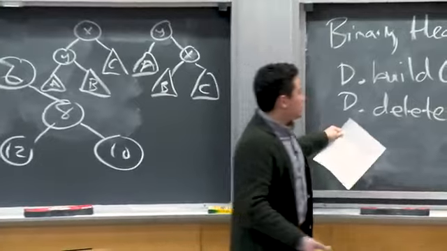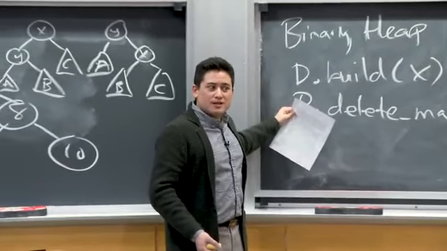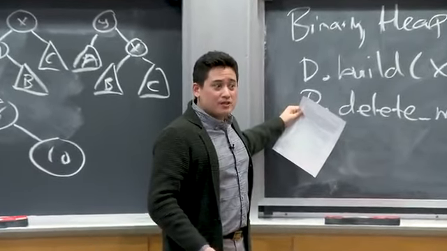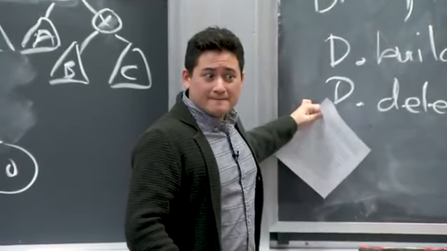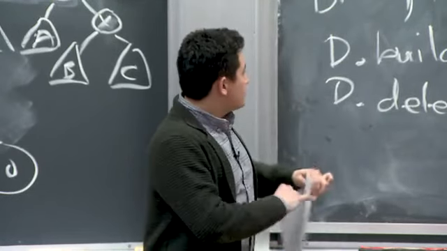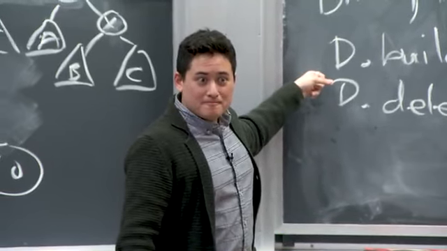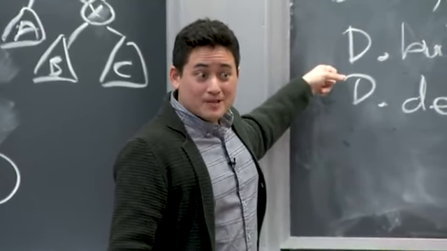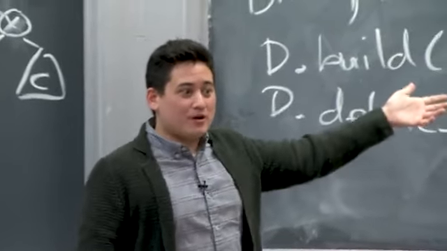If I had both of these operations implemented using a set AVL tree, how long would these things take me? How long does it take to build a set AVL tree? N log n, because essentially I'm getting a sorted order out of this thing.